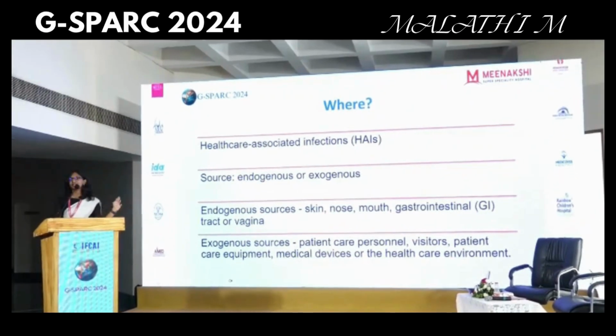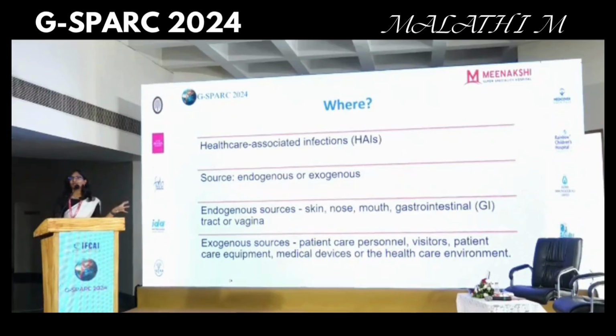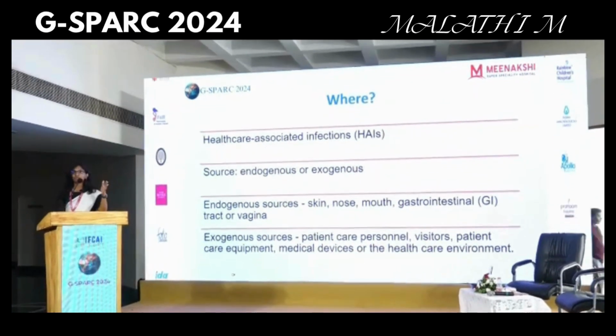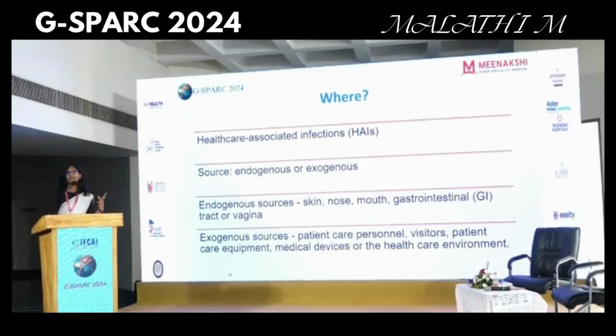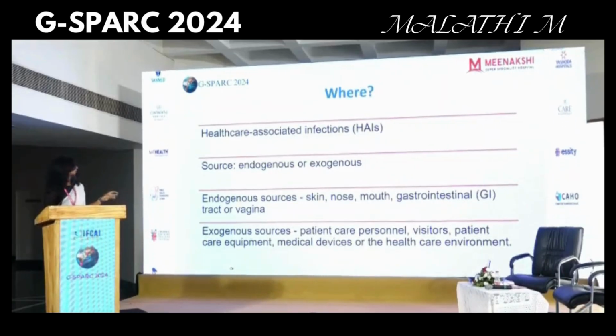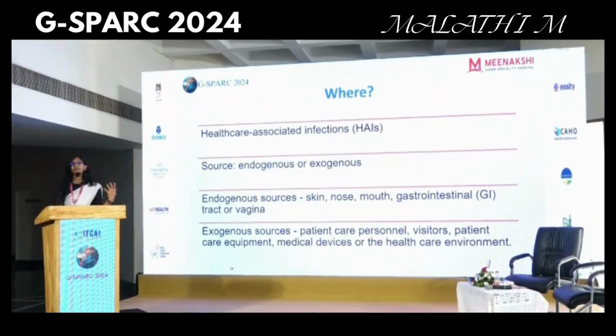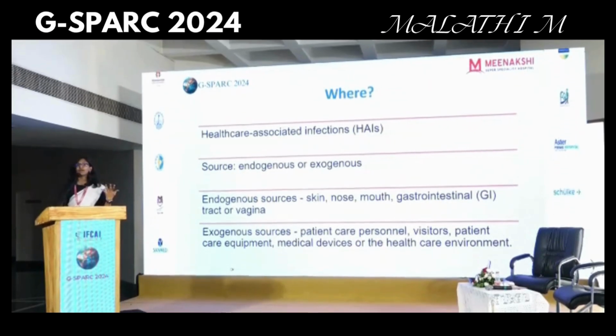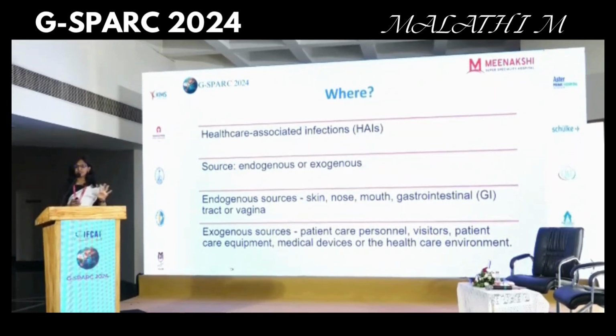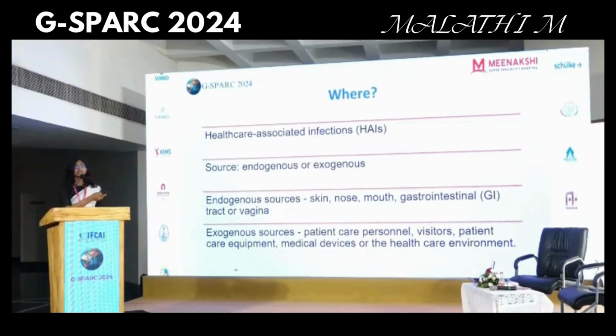Next is the trouble, especially in India, because of overcrowding and improper cleaning. I think there was a question in the morning about how to clean ventilators, because cleaning becomes a big challenge. So exogenous sources like patient care, equipment and devices, like we had a talk on endoscopy, which could be a problem for atypical mycobacterial infections. A lot of trouble comes because of improper cleaning and decontamination.